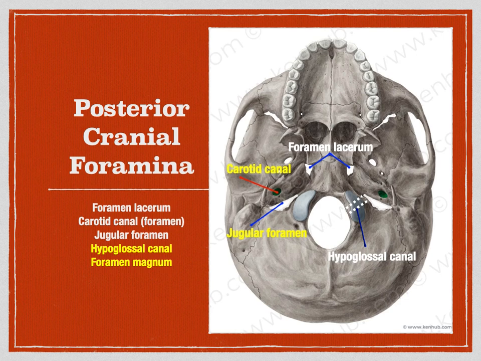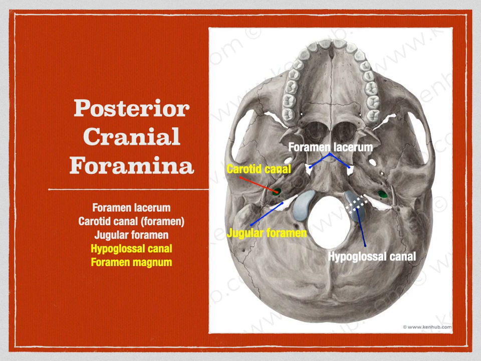This canal runs through the occipital bone horizontally, kind of like the carotid canal does. Notice it's right above the occipital condyles. If you know the occipital bone, you know the two occipital condyles flank the foramen magnum, which is that big hole in the center.